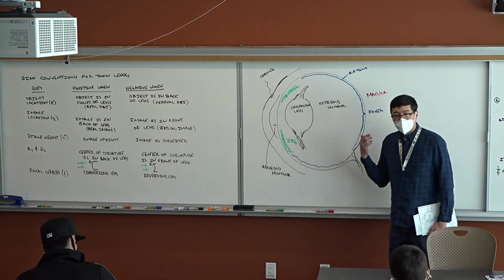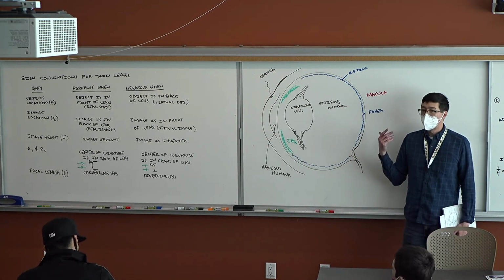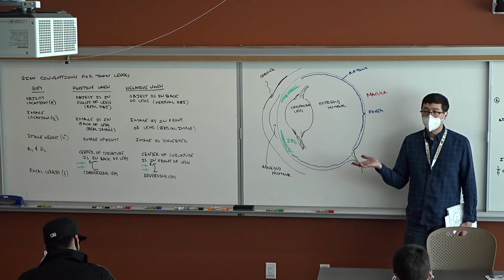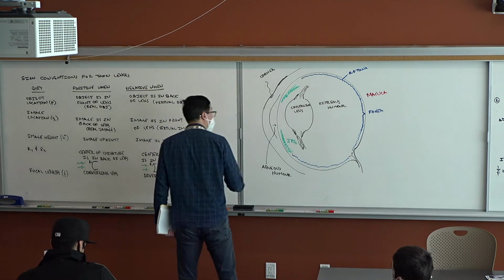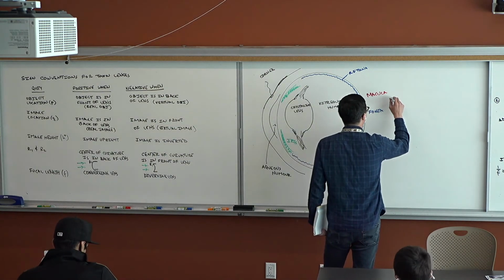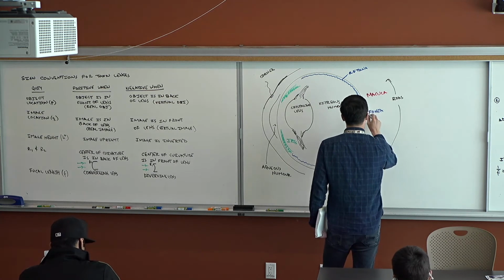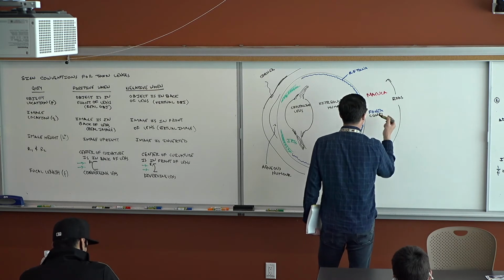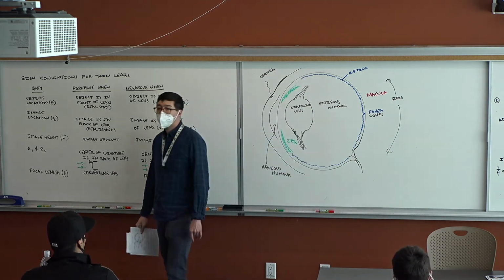rods and cones. The rods detect just the presence of light. The cones really are only found in great number in the fovea.